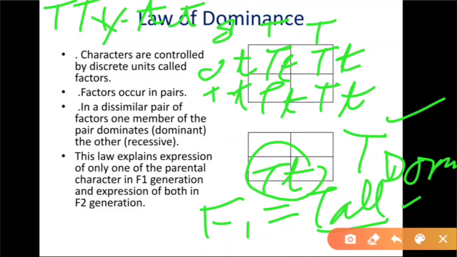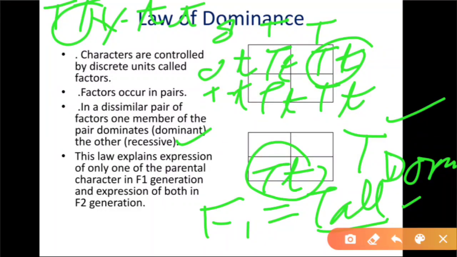You can see here characters are controlled by discrete units called factors. Discrete means they are independently separated. Factors occur in pairs. In a dissimilar pair of factors, one member of the pair is dominant and the other member is recessive.